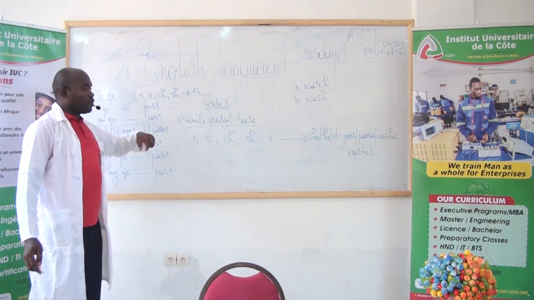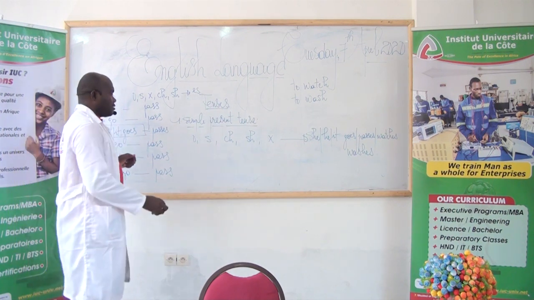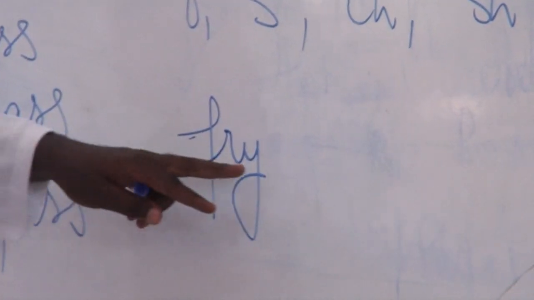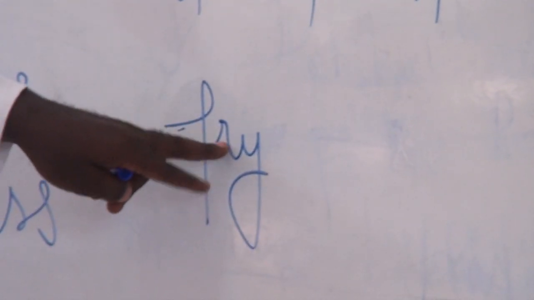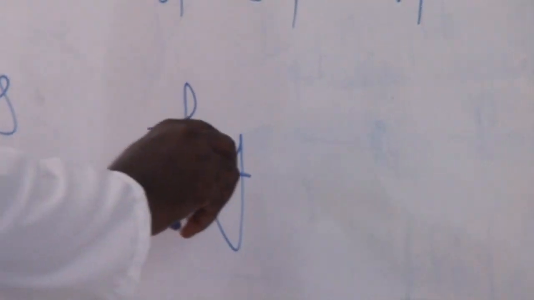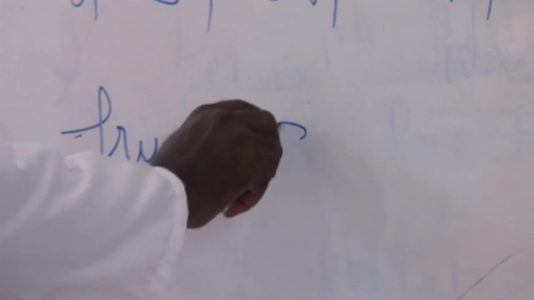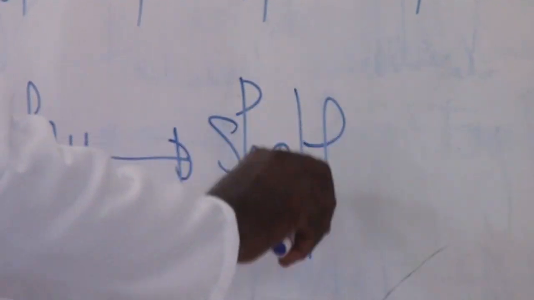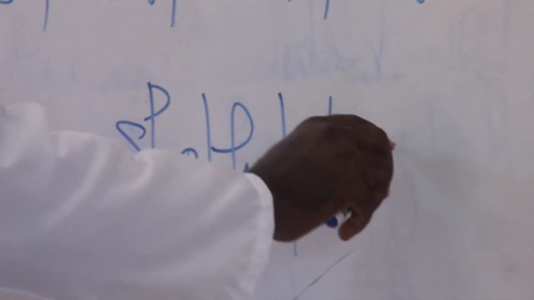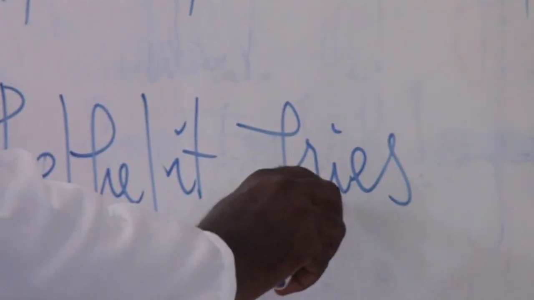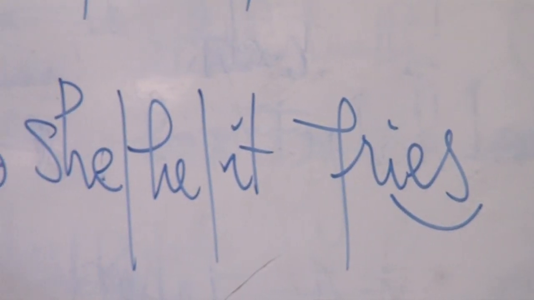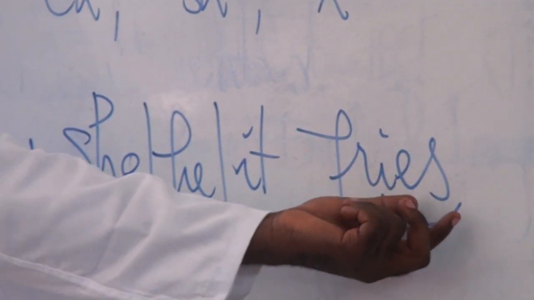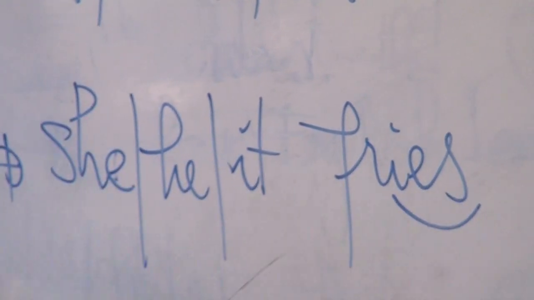Now, if we come across a situation whereby the verb ends with Y preceded by a consonant, at the third person singular, we change the Y into I, E, S. You see, we have removed the Y and replaced it with I, E, S. Is that okay?